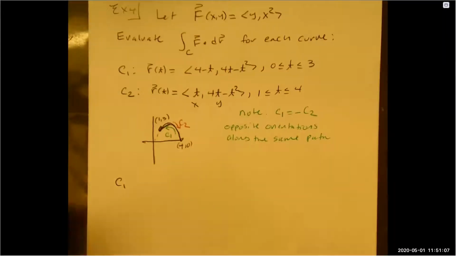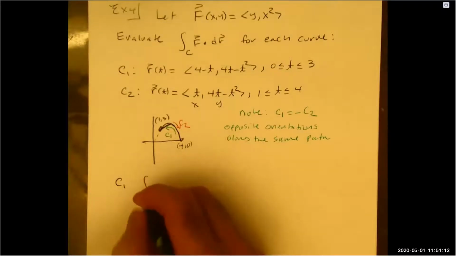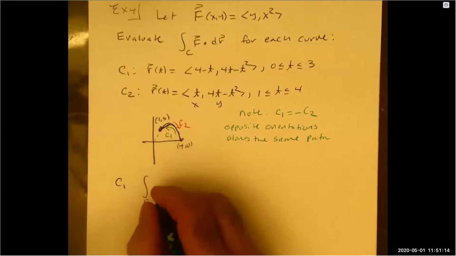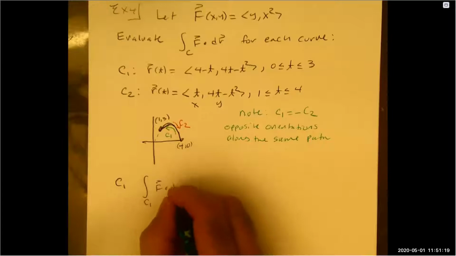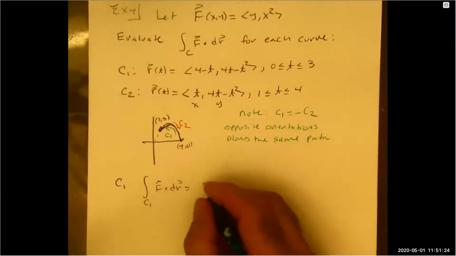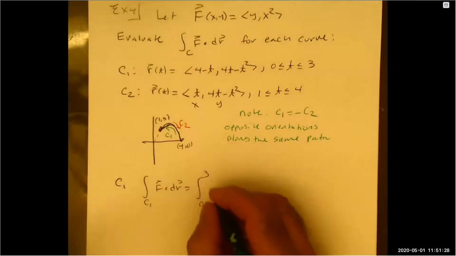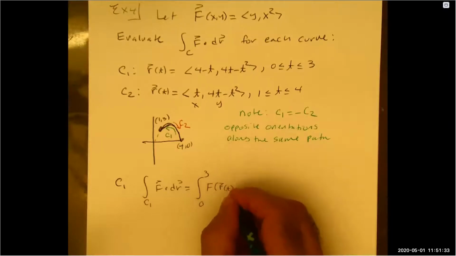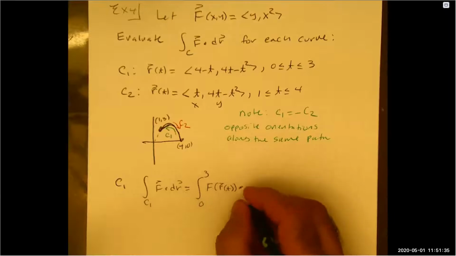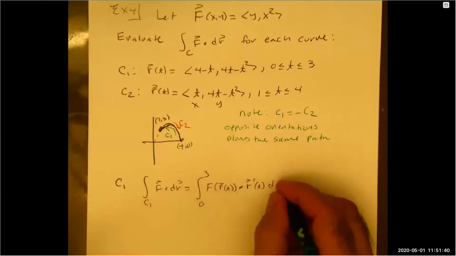So for C1, we're going to have the line integral over C1 of f dot dr. And so in this case, we're going to have the integral from 0 to 3 of f of r of t, and then we dot this with the r prime of t, and then dt.